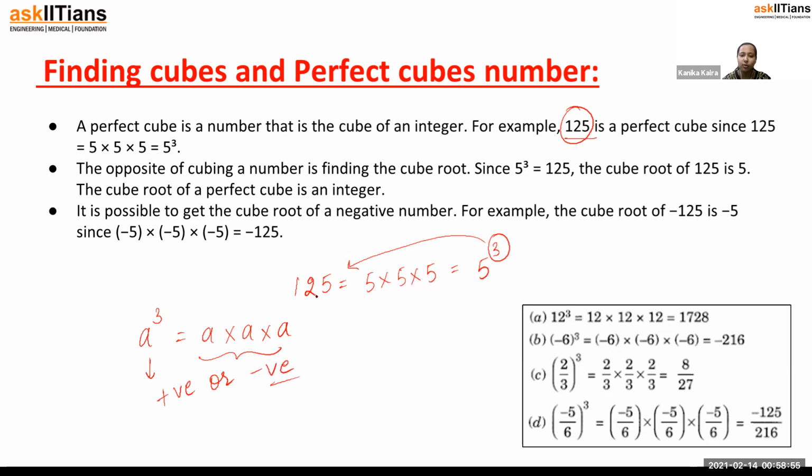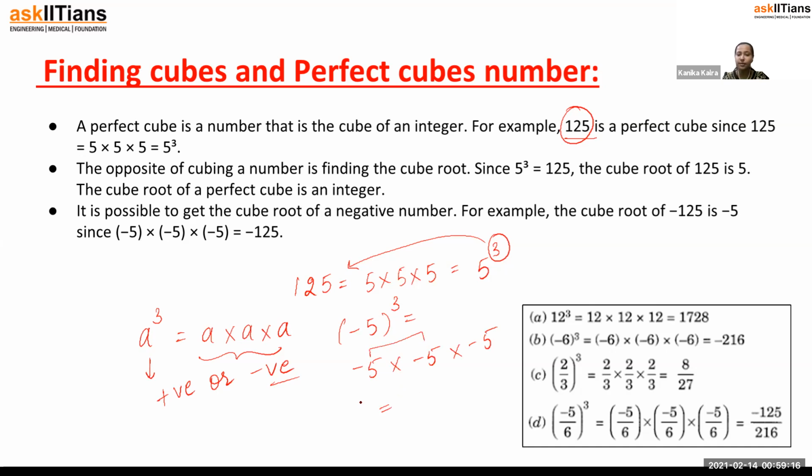So if we talk about the cube of 5, that would be 125. And if we talk about the cube of minus 5, for example, so minus 5 whole cube would be minus 5 into minus 5 into minus 5. We all have done integer multiplication.